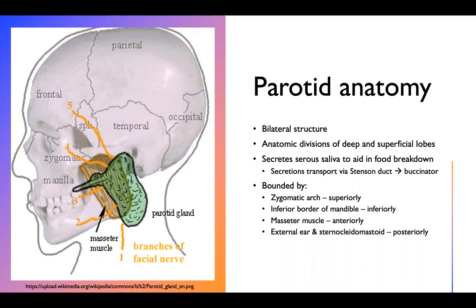These saliva secretions are transported via a duct down into the buccinator. It's bounded superiorly by the zygomatic arch, inferiorly by the inferior border of the mandible, which is the lower bone of the jaw, the masseter muscle anteriorly, which is like a chewing muscle, and posteriorly by the external ear and the sternocleidomastoid.